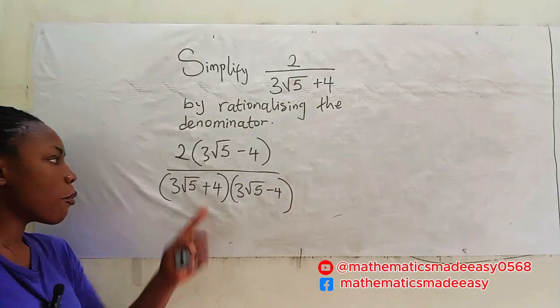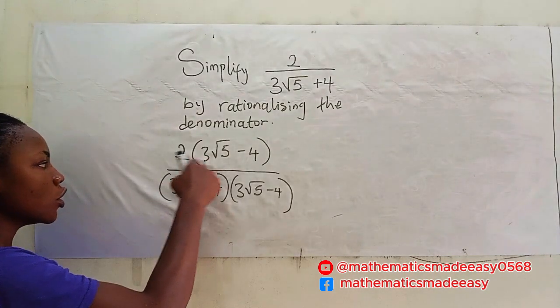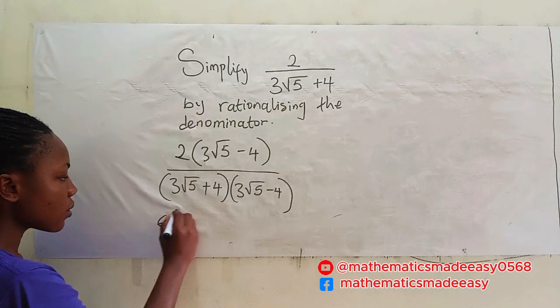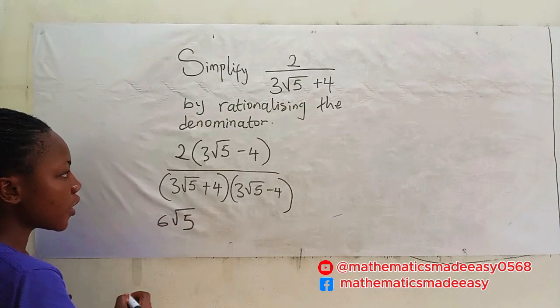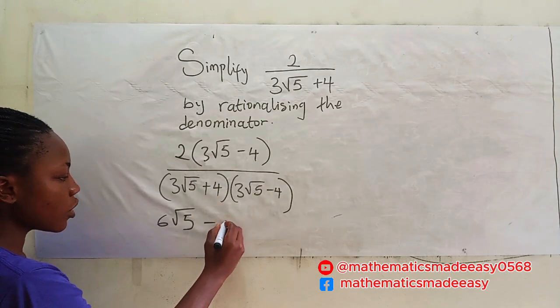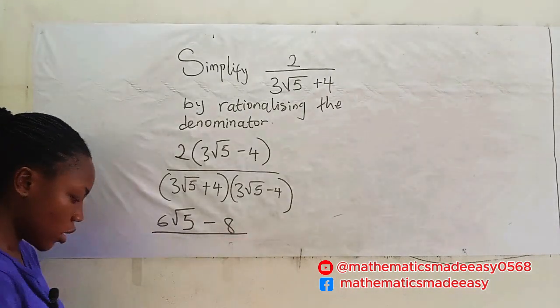All right, so in multiplying this one, we are going to have 2 times this, we're going to have 6 root 5. 2 times this minus 8, all over.